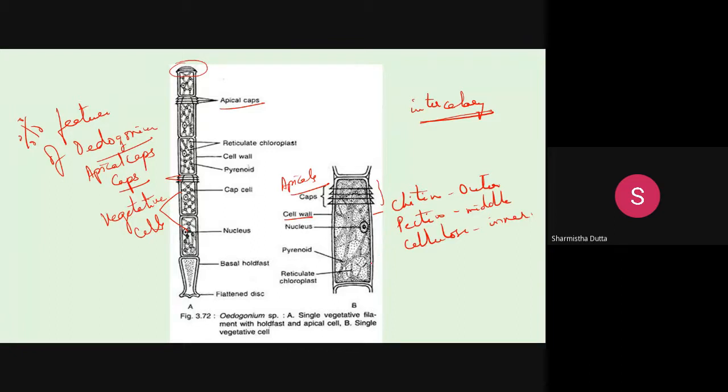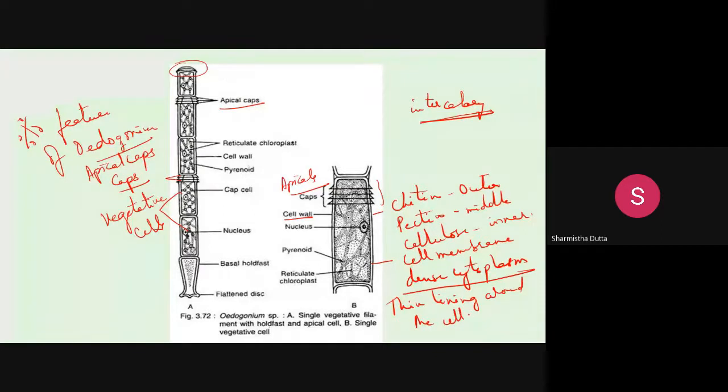Inner to that is the cell membrane. You should know it is a eukaryotic cell, and then it shows dense cytoplasm. Now, the cytoplasm in a mature cell forms a thin lining around the cell membrane.